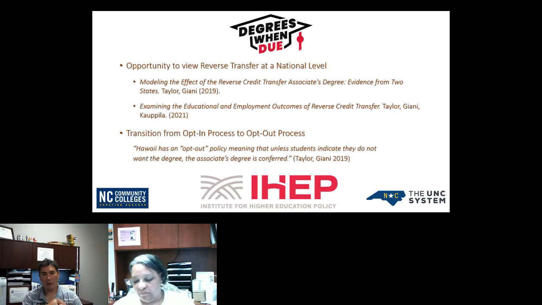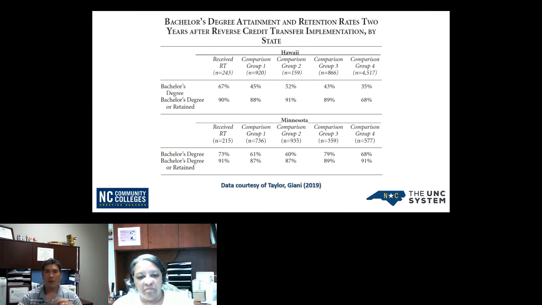Locally at our community colleges, we're starting to implement this process. So they did it at a statewide level and said that if that student earns the credential, it's going to be awarded.